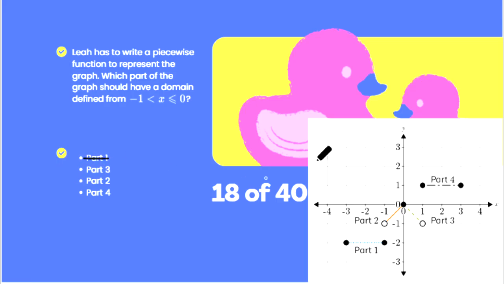Part 3 says x is less than 1, nope, and greater than or equal to 0. Nope. Part 2, x is greater than -1. Okay, that jives. And less than or equal to 0. There we go. It's part 2.